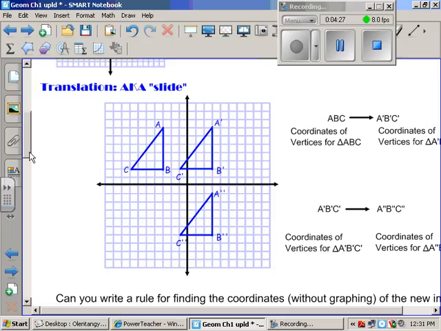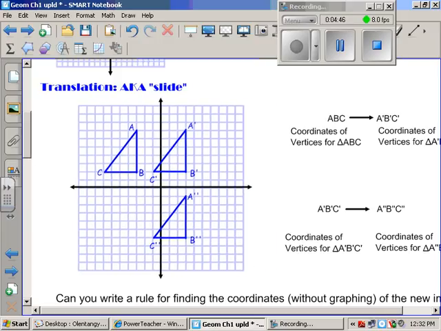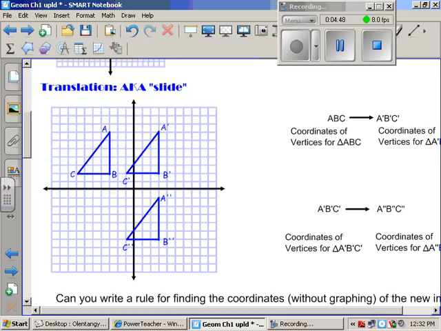So if the hypotenuse of this right triangle is facing left, in a translation it would be facing left the whole time. A translation just takes the shape exactly as it is and slides it around the graph. And to show that, we're going to learn what we call transformation notation.